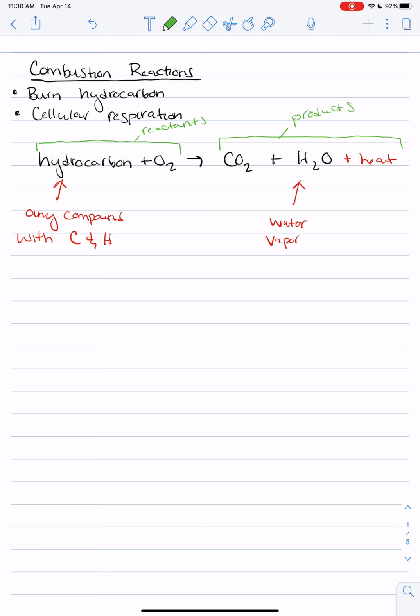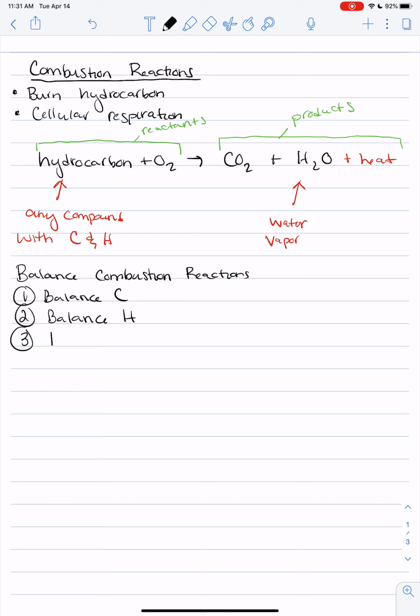Okay, so how do we balance this? There's a certain set of steps. Balance combustion reactions. When we're doing this, the first thing we want to do is balance carbon. The second is we balance hydrogen. The third is we balance oxygen.